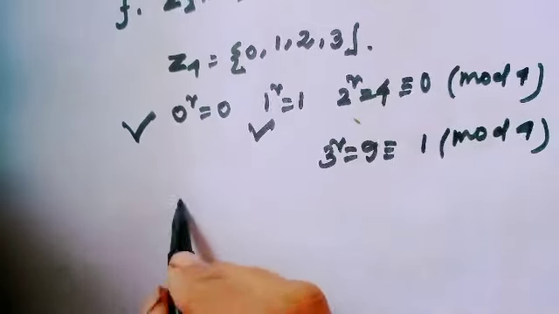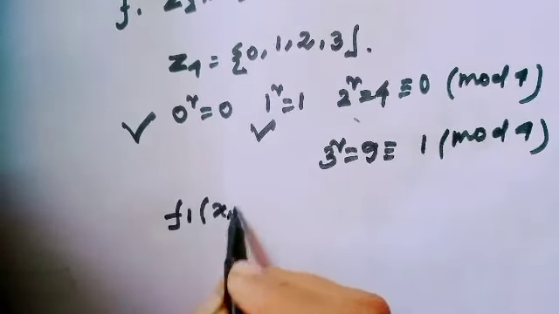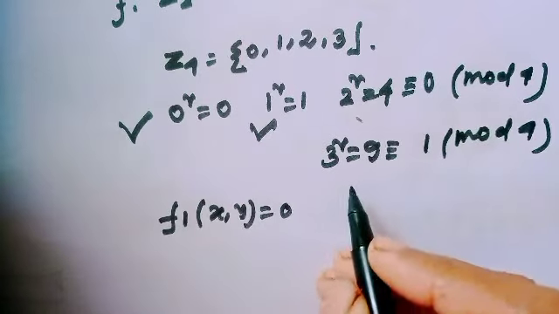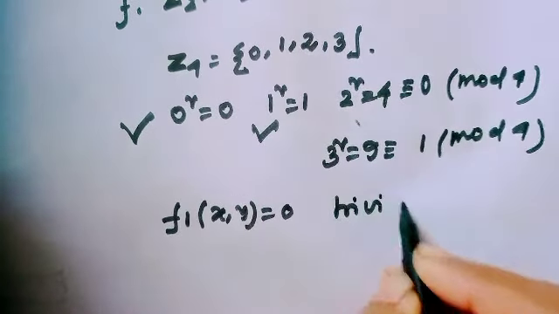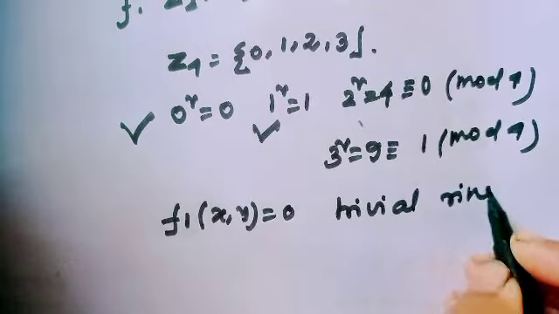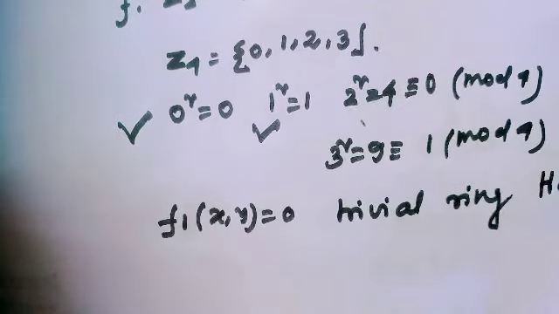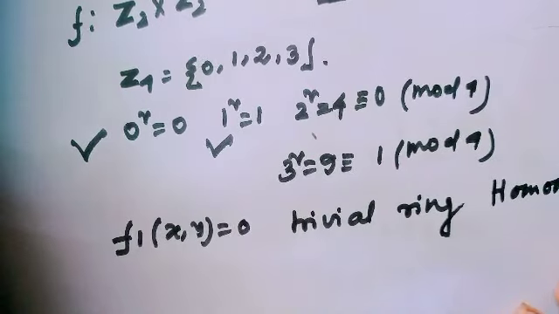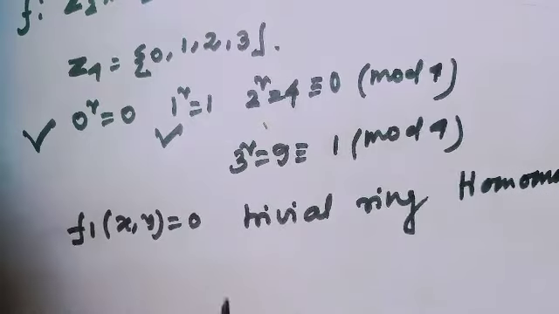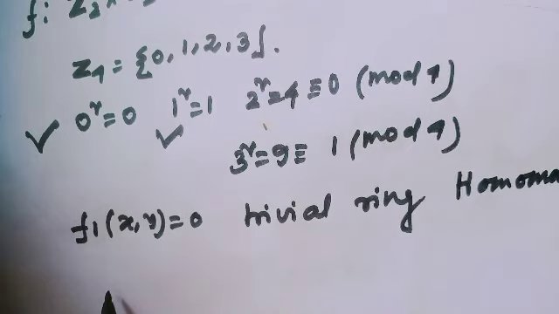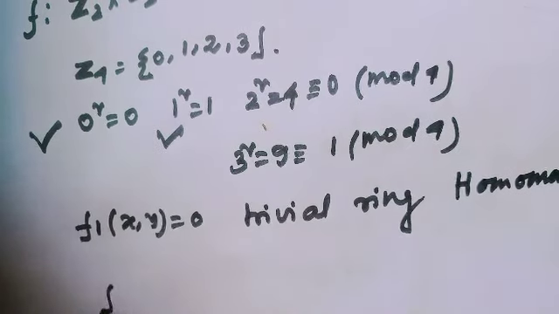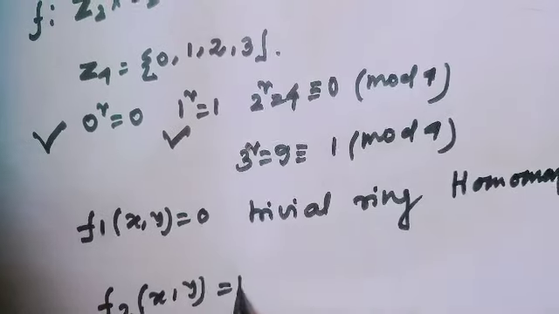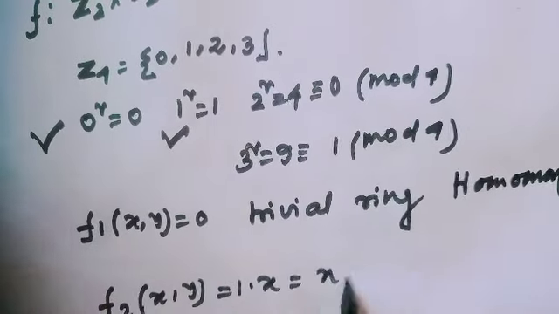For 0, f(x,y) equal to 0, this is always possible because this is the trivial ring homomorphism. And for 1, a possibility is f2(x,y) equal to 1 times x, which is equal to x.